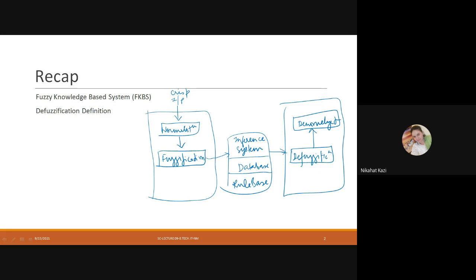Okay, and then it is denormalized. If you had applied a normalization block, it is denormalized to give you back the value in the range in the real world. A crisp output value. So this is the architecture of a fuzzy knowledge based system which we had discussed in the last lecture.